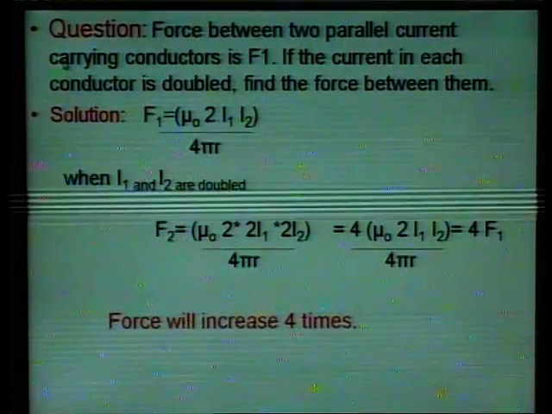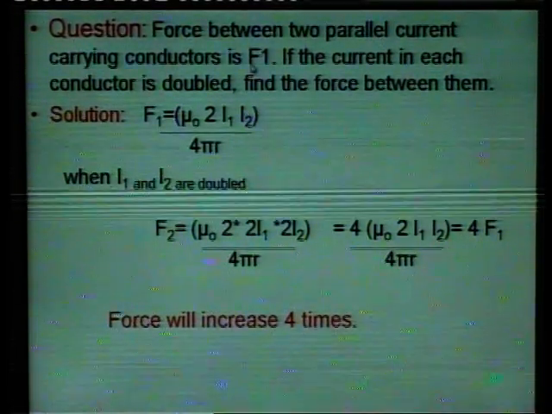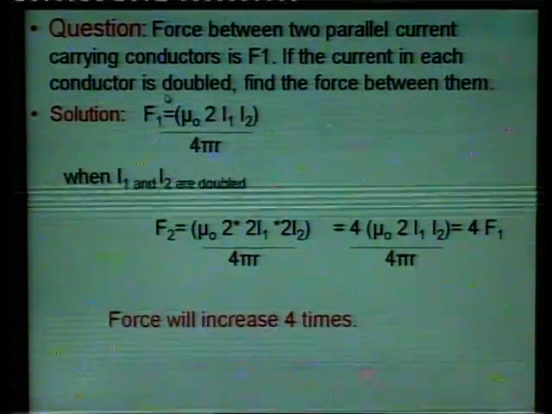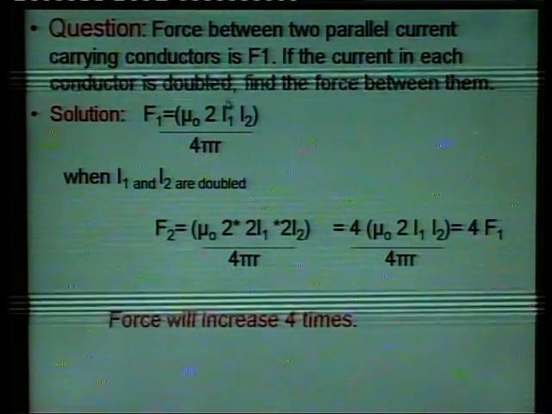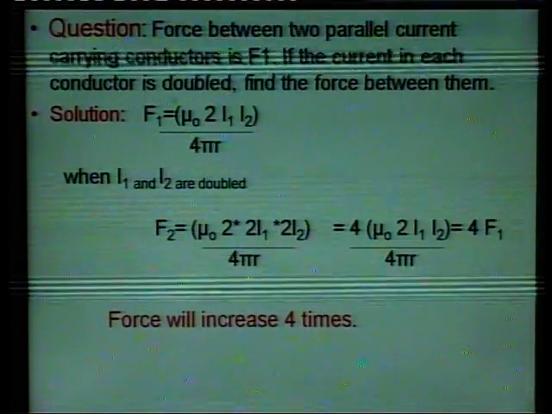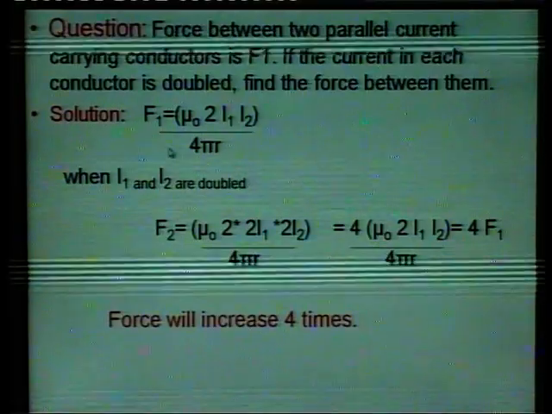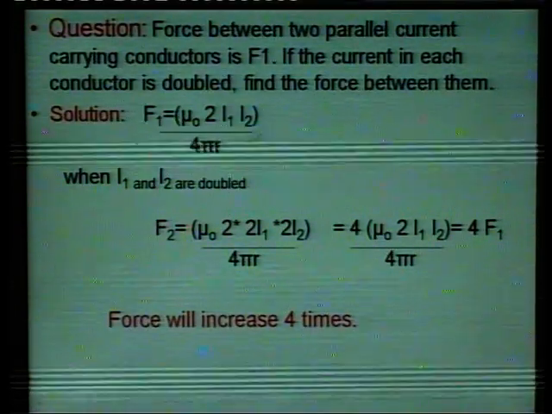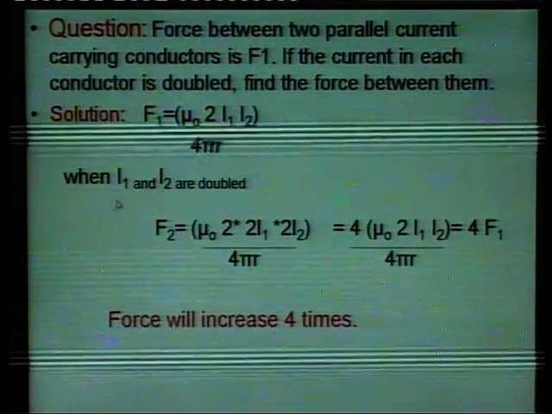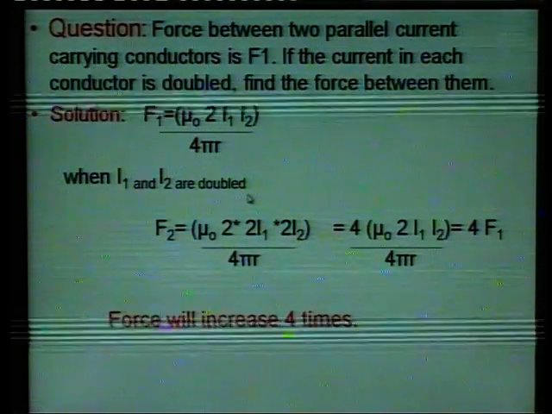Next question on this problem: the force between two parallel current carrying conductors is F1. If the current in each conductor is doubled, find the force between them. We know the expression of force: F1 between two parallel conductors is mu naught 2 I1 I2 upon 4 pi r. What is given is that the current in each conductor is doubled, that is, I1 and I2 are doubled.